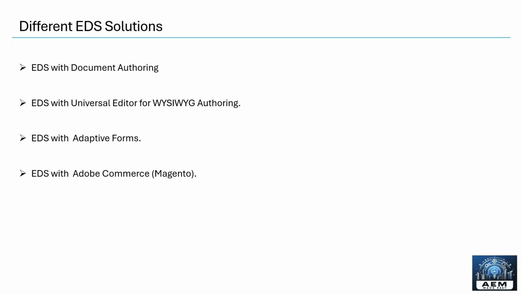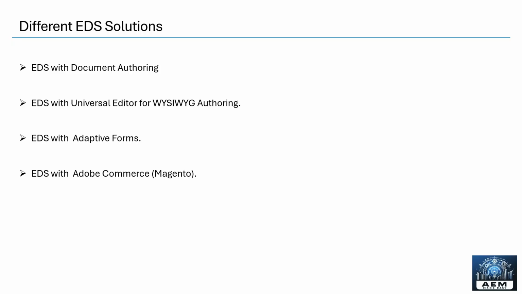Suppose you want to set up a commerce store or commerce website using Adobe Commerce, or Magento; that is also possible with EDS. In AEM, everybody knows you can use AEM SIF to create your commerce website. Similarly, with EDS the same kind of commerce site can be created.